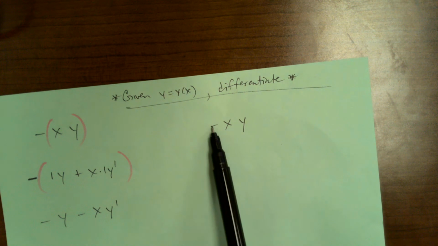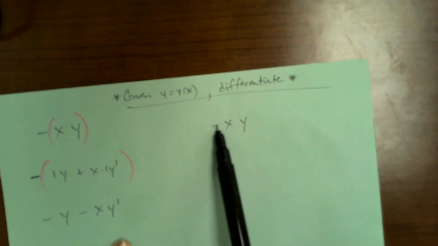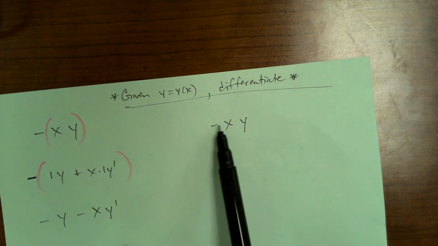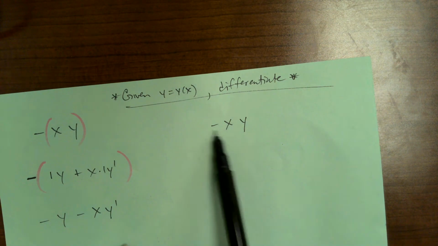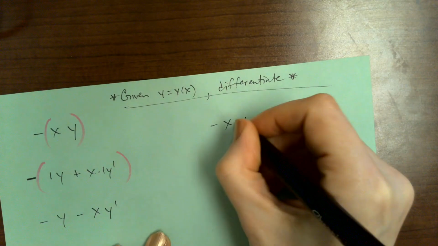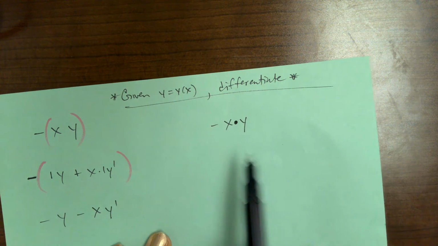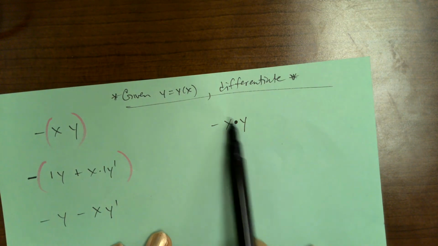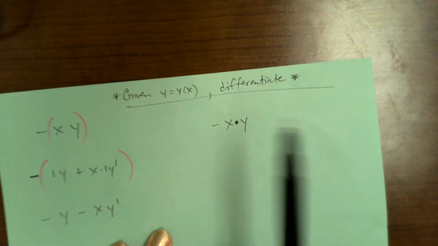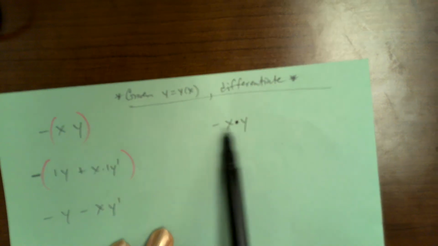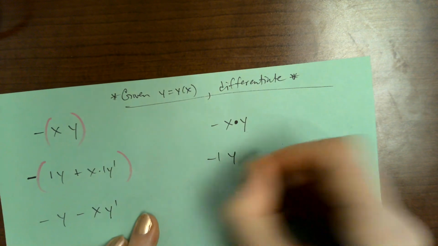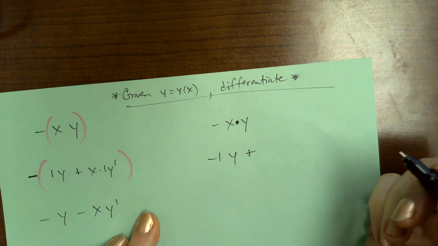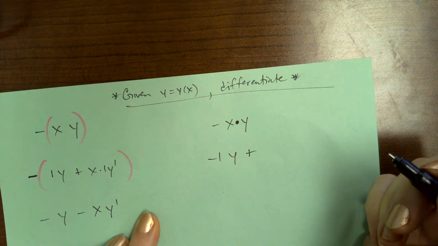Instead, I'm going to think of the minus as part of the first function. So the derivative of negative x is negative 1. Bring down the y, plus. Oh, shoot, do I want to think of it this way?